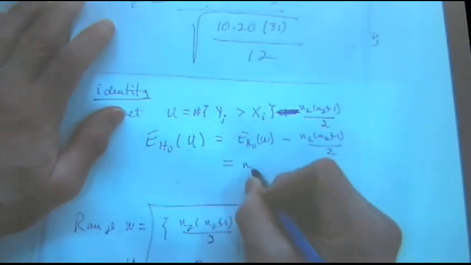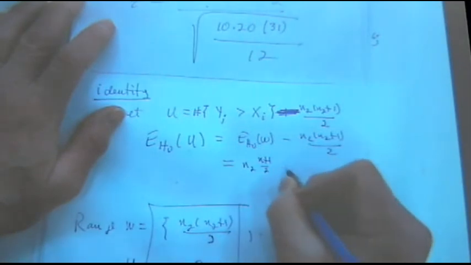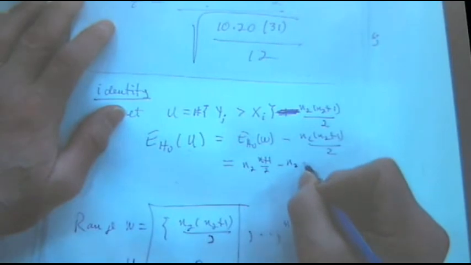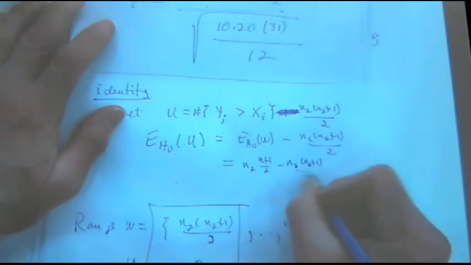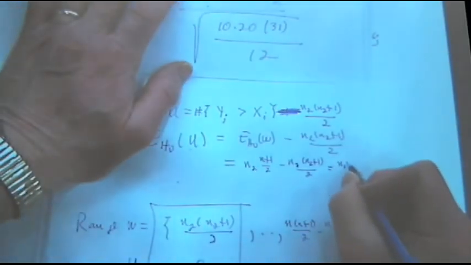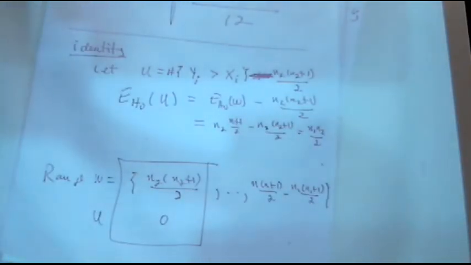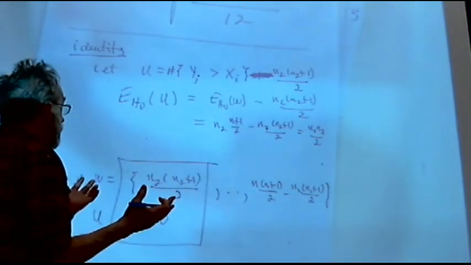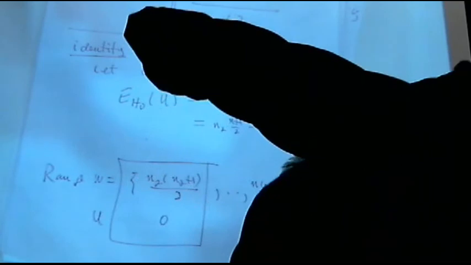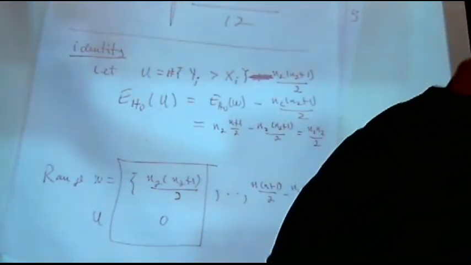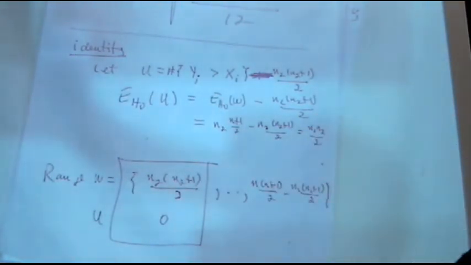So this would be 2 times n plus 1 minus that. It's not obvious, but this algebraically just comes down to this. And then, of course, you say yes as soon as you see that, because there are n1 times n2 matches, and if the null is true, half the time y should beat x, and half the time x should beat y. So the expected value of U should be n1 times n2 over 2.